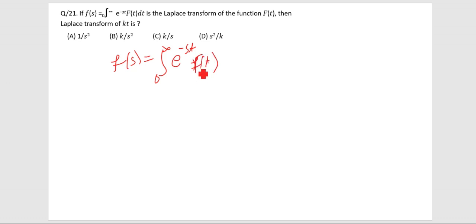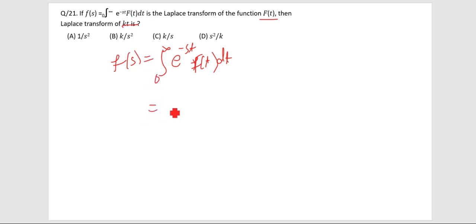This is the Laplace transformation of this function. Then find the Laplace transformation of kt. The function is given by kt, so in place of the function we have to put kt.